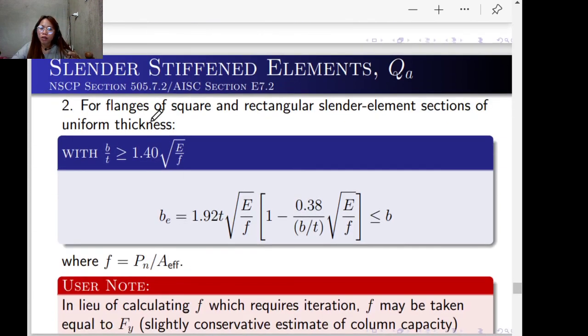Number 2 is for flanges of square and rectangular slender element sections of uniform thickness. So, this is for HSS shape.